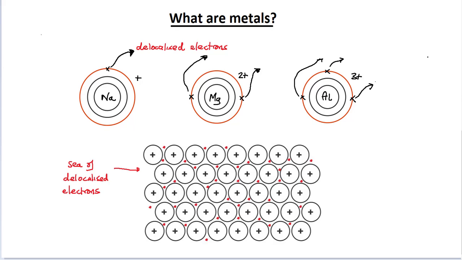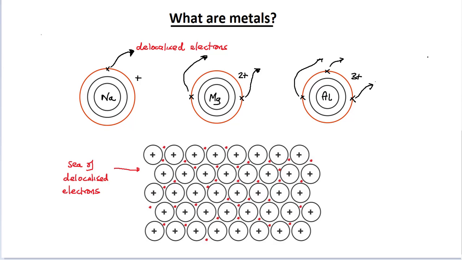If they weren't there, where you've got positive and positive charges, the whole lot would simply fly apart. But this sea of electrons, donated from the original atoms of the metal, plays a role in keeping the positive ion structure together.